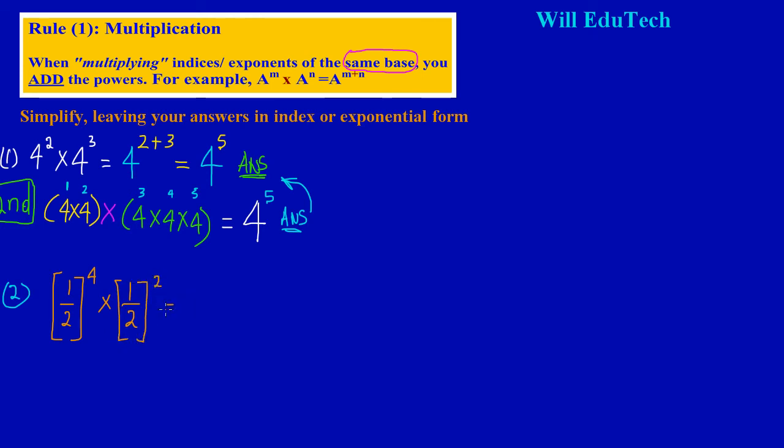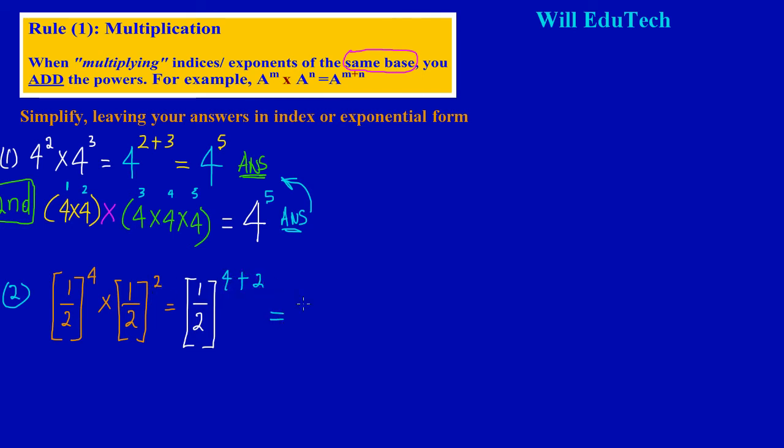Now, again, based on the rule, when multiplying, if you notice, the common base in this case is a fraction. It's a half, okay? So I'm just simply going to take my 1 upon 2, which is a half, and I'm just going to add my powers, okay? Rewrite my common base as I did before. My first power is 4, and I'm just going to simply add my 2nd power to that, which is 2.